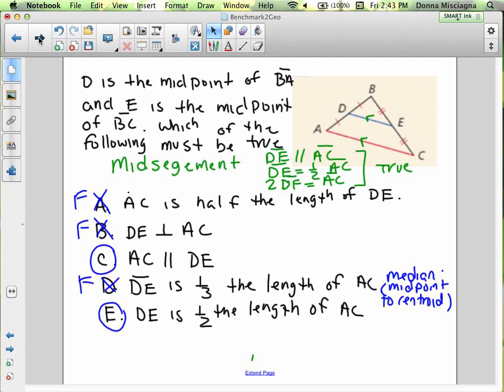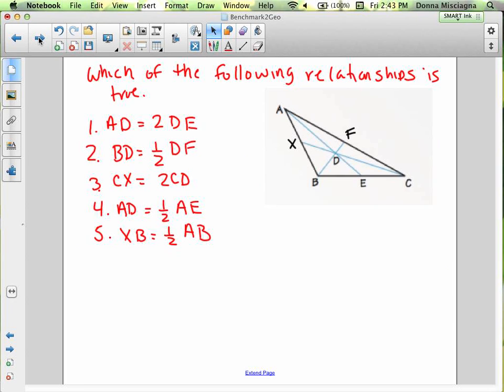Let's look at the big idea for medians. Which of the following relationships is true? Let's go through all the true things, because sometimes when you're reading them, it's easy to get things kind of confused. And when you figure it out yourself, it's a little bit easier.